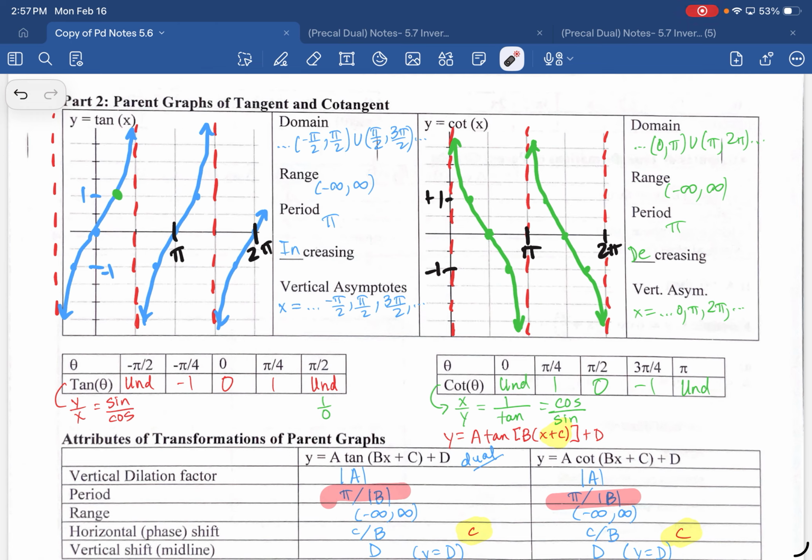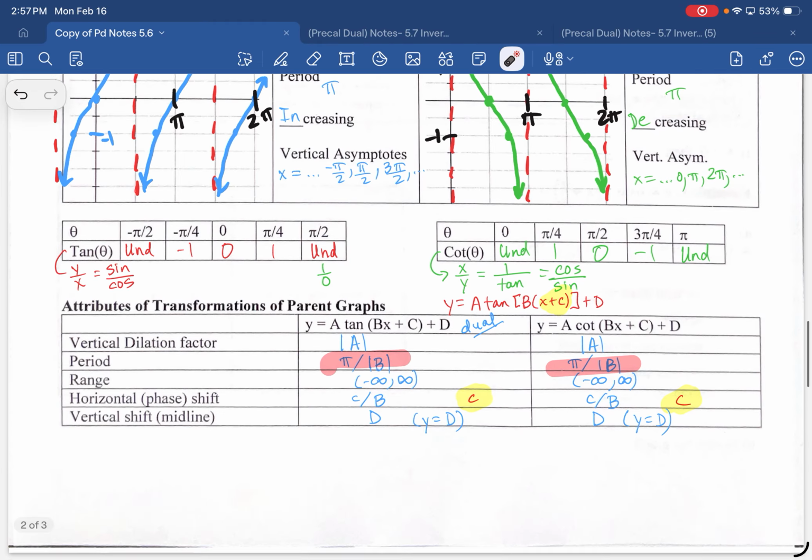C is the horizontal shift or phase shift. They also told us in the problem, along with the fact that we had to use tangent, not cotangent, it had to have a right shift. They get to control what problems they give you, and some of the pieces you have to fill in.